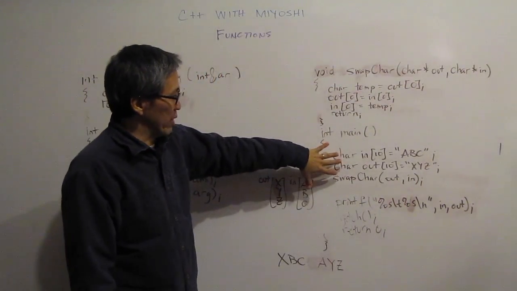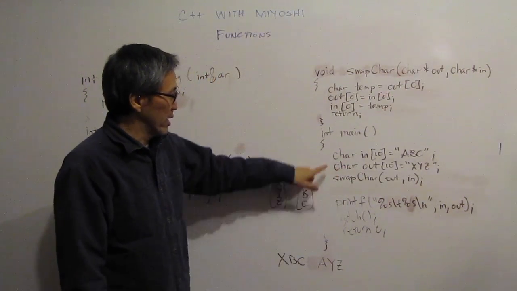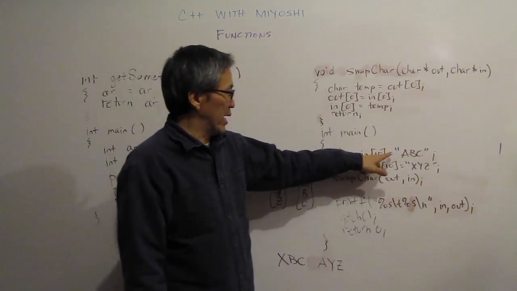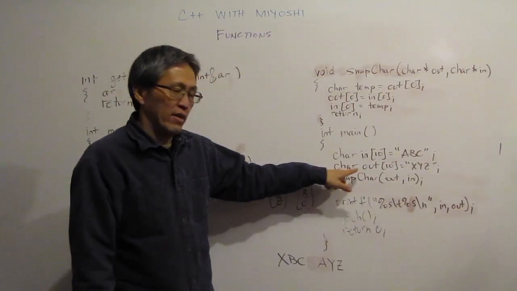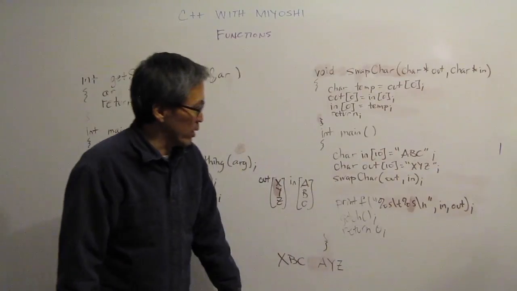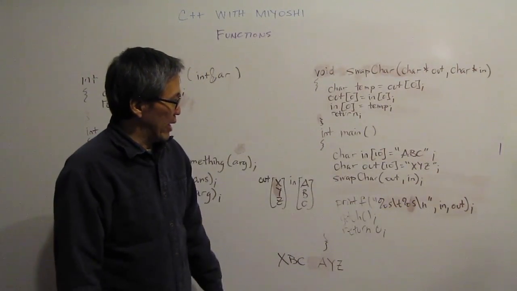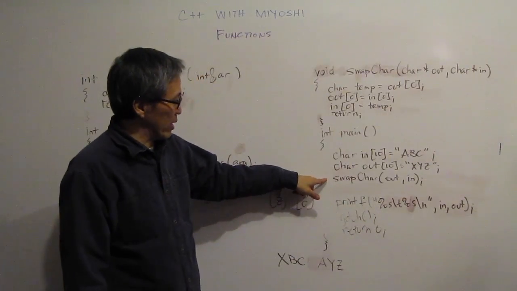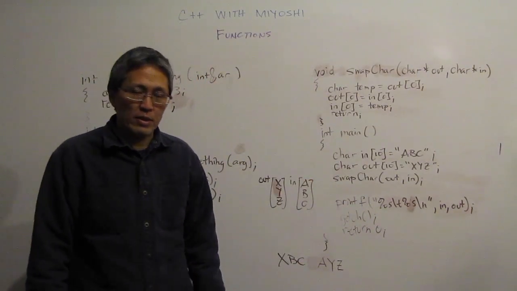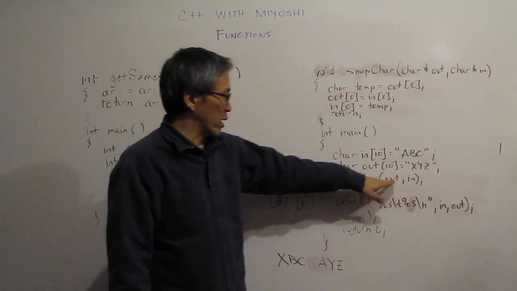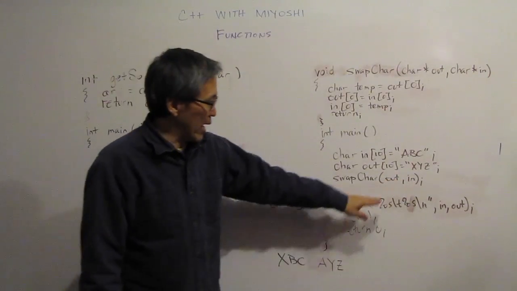So let's look at the way the function gets called. Here I have char in ABC, and I have char out XYZ. That's where it gets assigned. And then I run my swap char. Again, this is a void function, so I don't have an assignment statement in front of it. I just call my function with out and in.